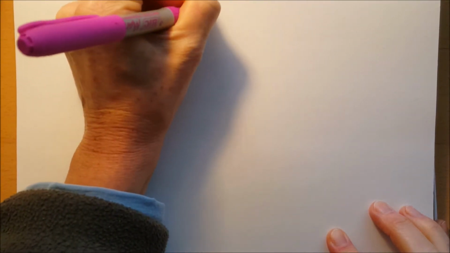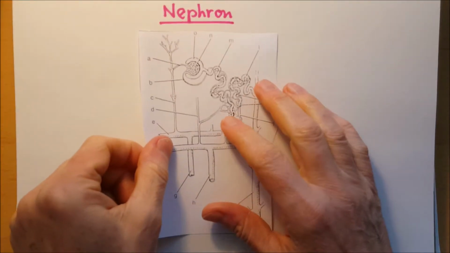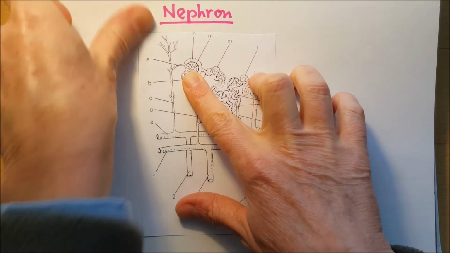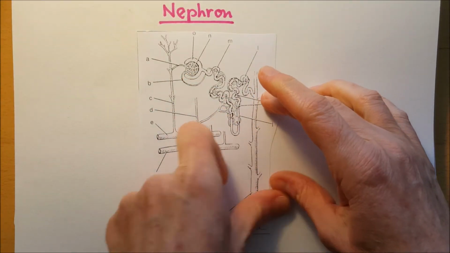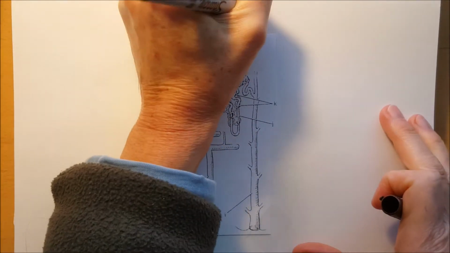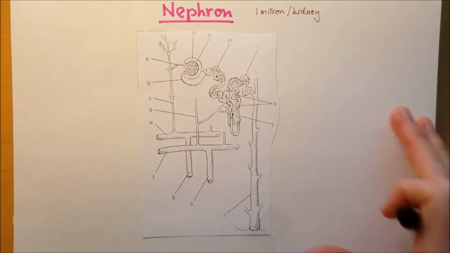The nephrons are the basic anatomical units of the kidney. Please paste the picture into your notebook that I gave you last class, or download it from Blackboard. And we have around 1 million nephrons in each kidney.